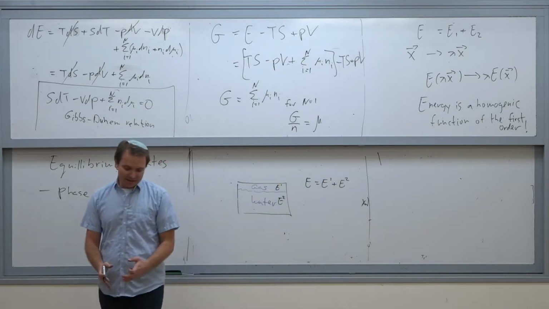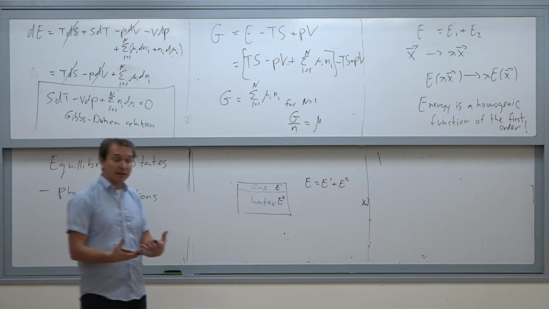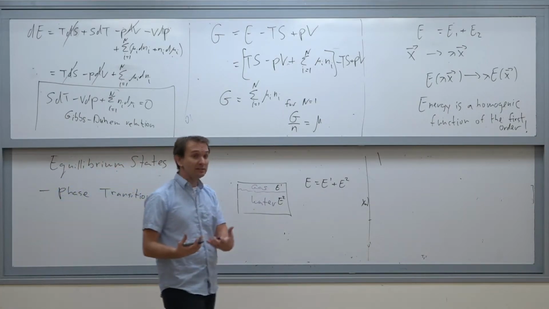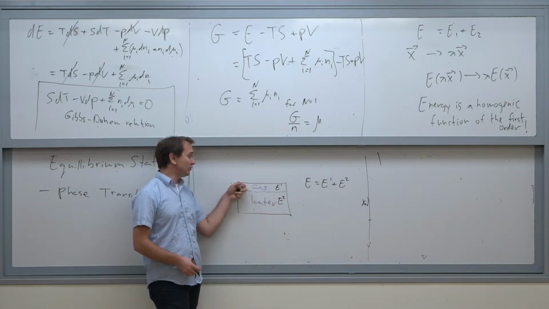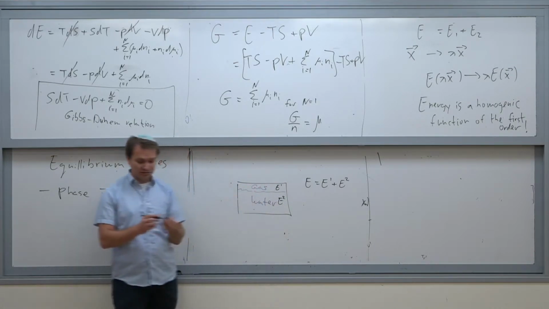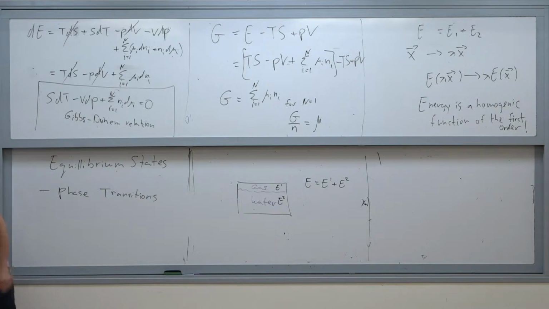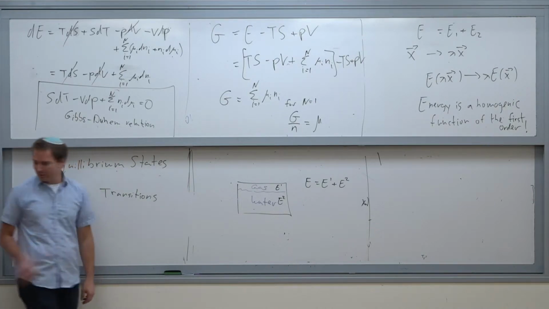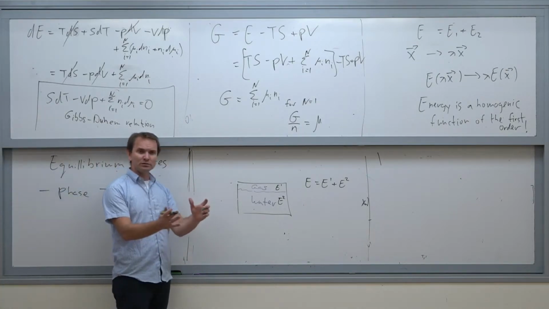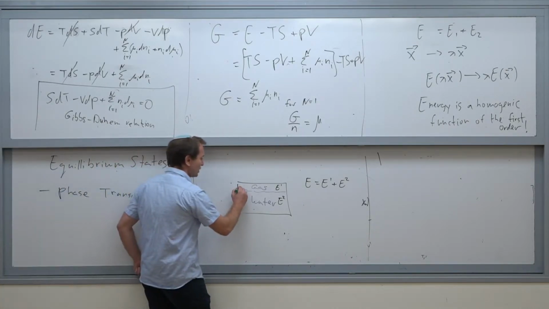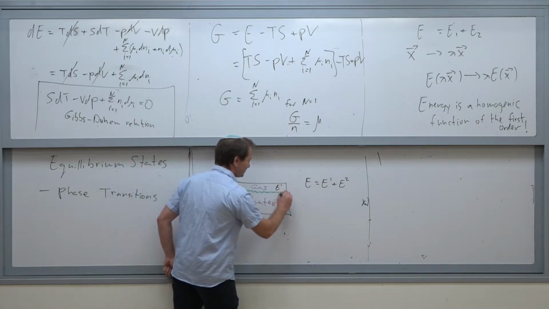I can say exactly the same now. I have two systems, but instead I have two phases. And the total energy is the energy of this system plus the energy of the second system. Now, there is something funny about it: when I connect two systems, or I have two phases, there is always an interface.